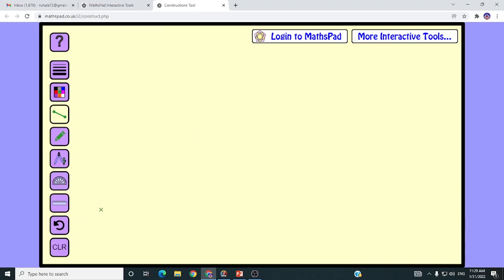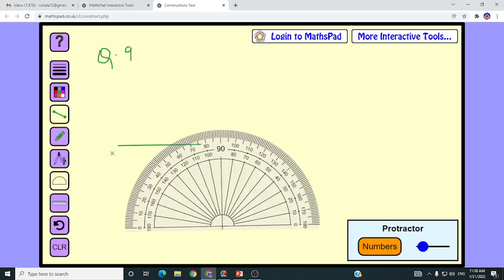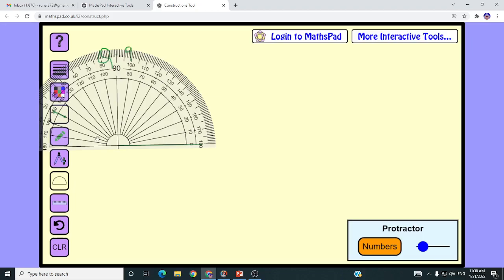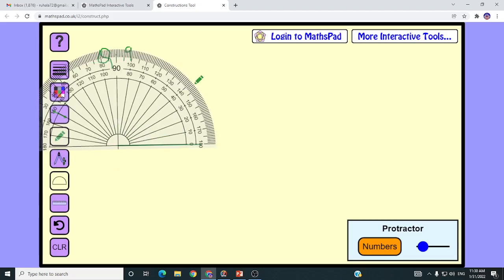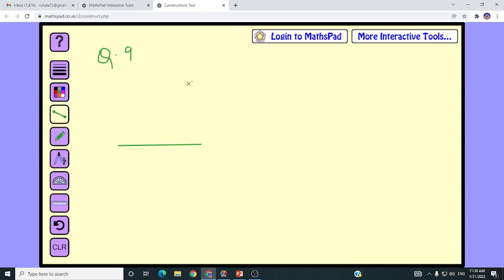Next is question number 9. We have to draw an angle of 40 degree. Join this point to this one. This is the 40 degree. We have to construct a copy of its supplementary.